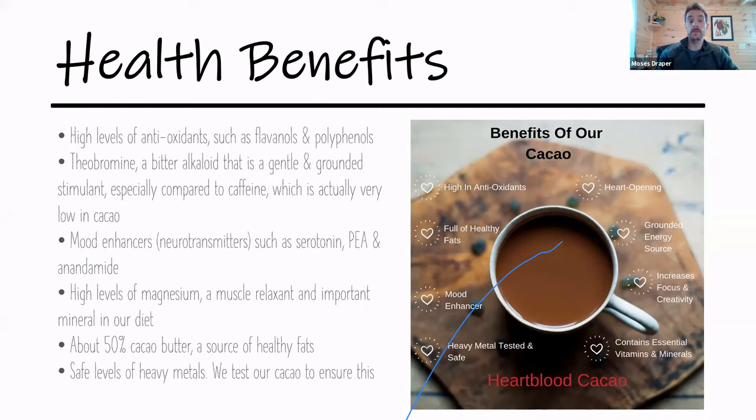And as I mentioned earlier, pure cacao is about 50% cacao butter, which in and of itself is a source of really healthy fats. There's lots of great stuff in the cacao butter, and having it in there when we're drinking it helps the body absorb all the nutrients from the rest of cacao. And in our case, our cacao is tested for heavy metals, just to make sure that they're all at safe levels.